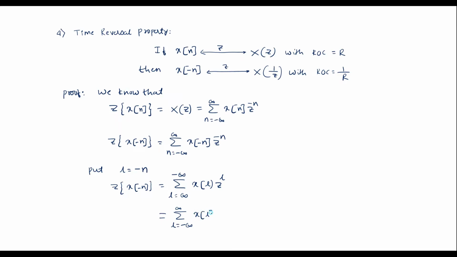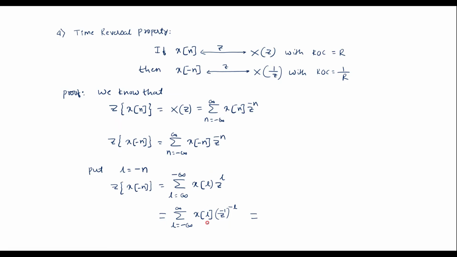x of L. Now z power L, I will represent as z inverse raised to minus L. Here we can observe that the Z transform of x of n is x of n z power minus n, which is nothing but X of z.